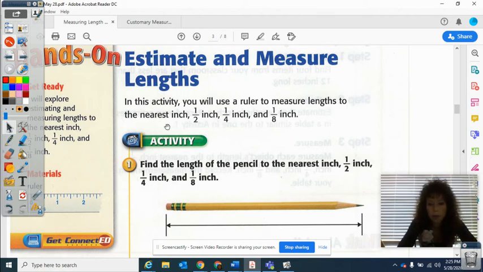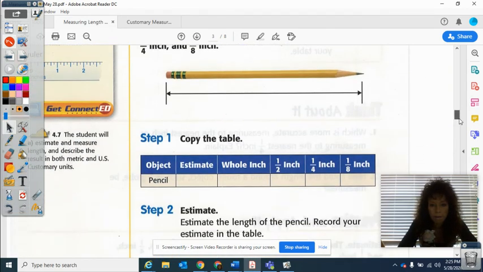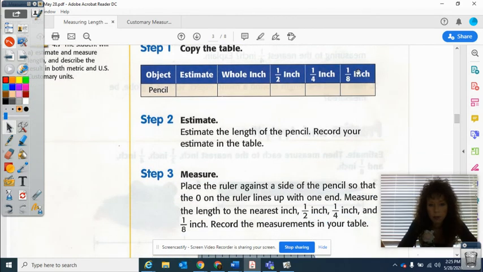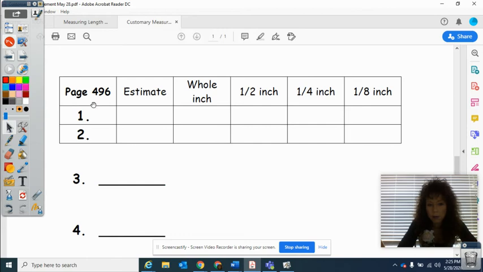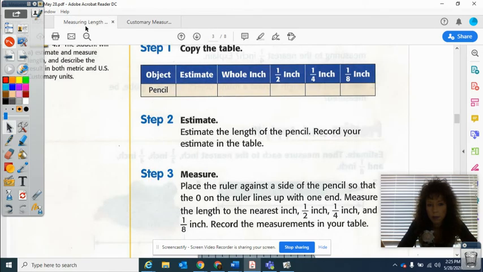And we're going to measure to the nearest whole inch, half inch, quarter inch, an eighth of an inch. And here's a table like we have here. So I've given you a table just like this one here.